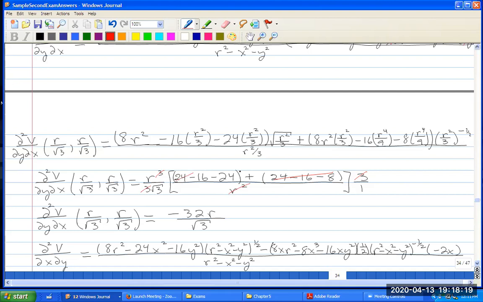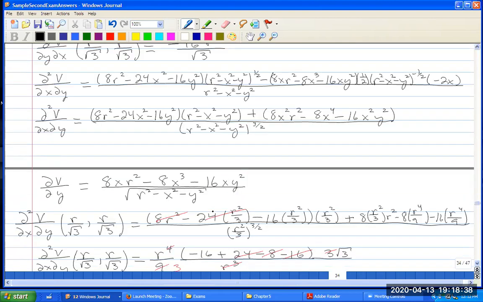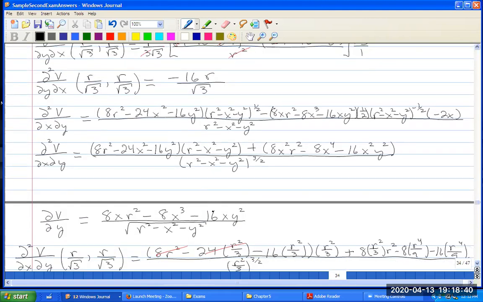Which means this became negative 16 r. Okay, so sorry about that, which means that they're the same thing. Okay, good. That was a typo.